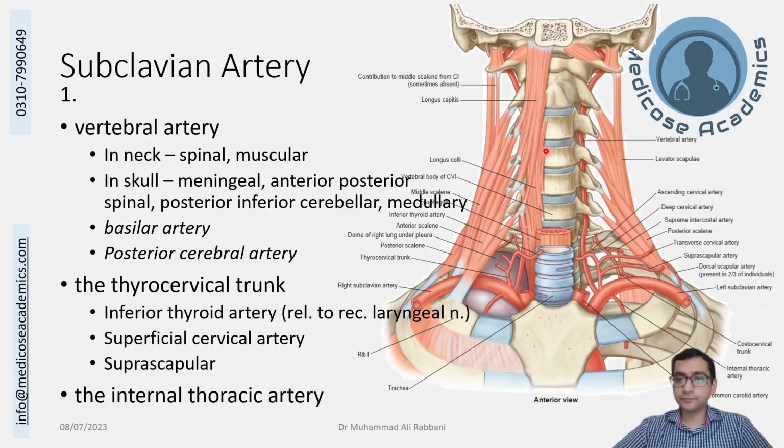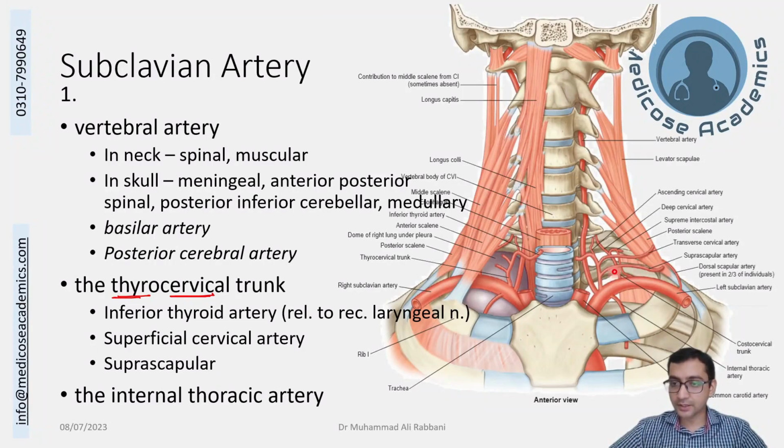Then there is the thyrocervical trunk. By the name you can see, the thyrocervical trunk is going to supply the thyroid gland, and it is going to supply the cervical region, the neck region. It goes up, and it gives two branches on the lateral aspect.